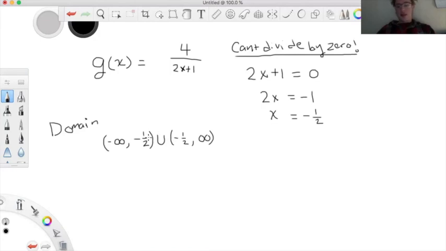And that means we're not including -1/2 in the domain. If we had used square brackets, we would have been saying that -1/2 is included, but it's not because this is undefined at -1/2. So we are not going to include it and put a parentheses.